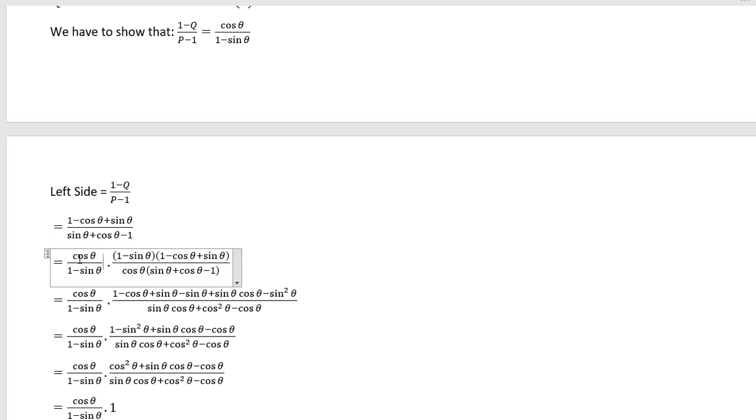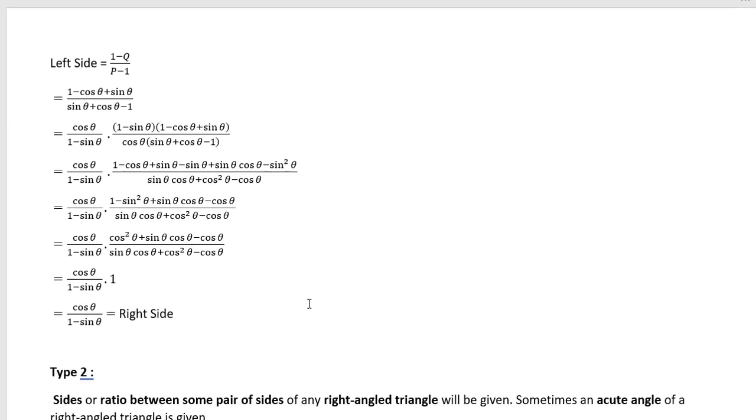Now keep this part unchanged and only calculate this part. It will lead you to the point where you will get 1, and thus you can say that it equals cos theta by 1 minus sin theta, equal to the right side.